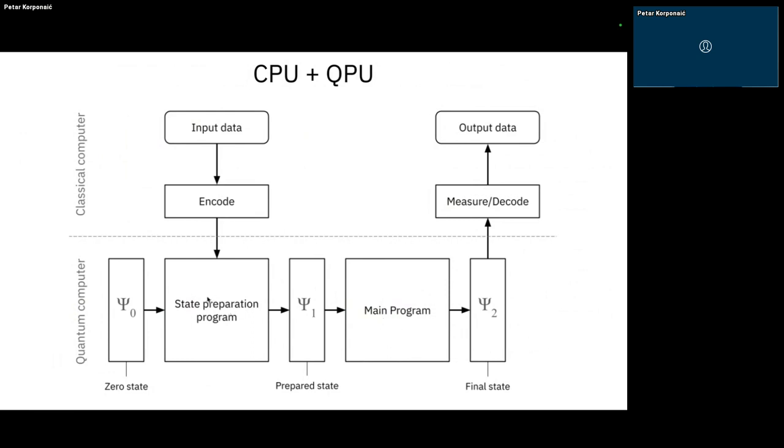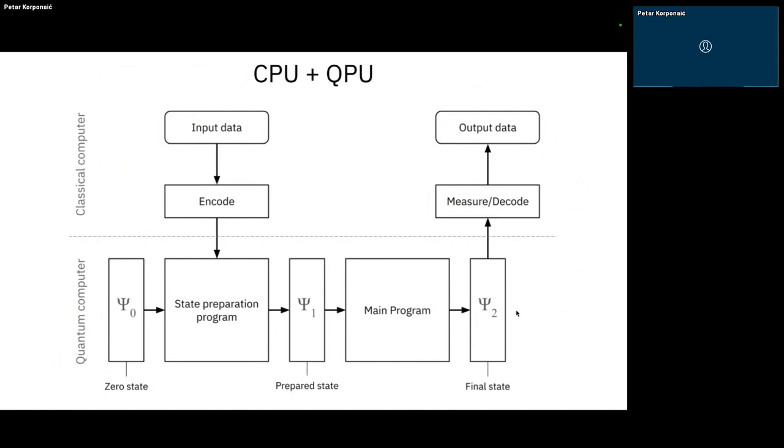This preparation and main program executes in single shot, in single step. There is no intermediate state. I added this state for clarity, but it all executes in single shot anyway. So when you have state preparation, the main program also needs to have as few gates as possible, to be as shallow as possible.